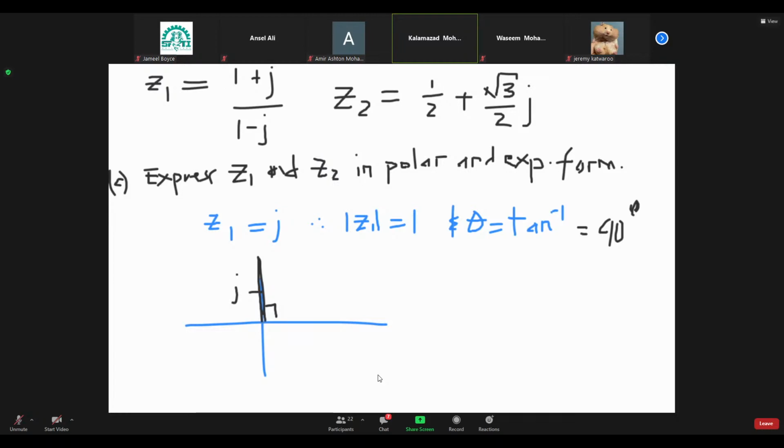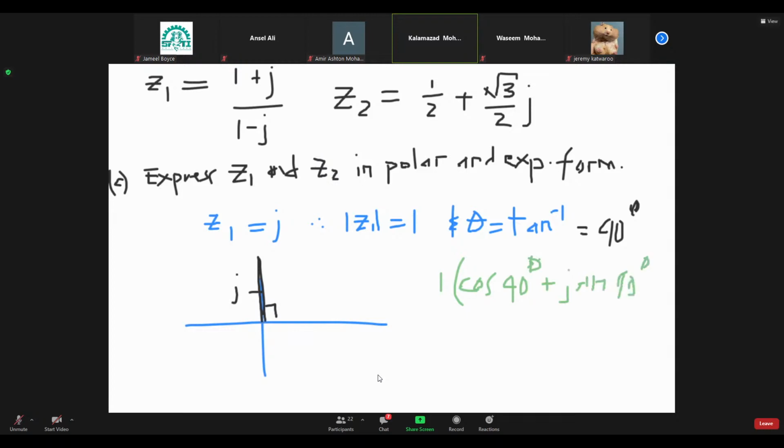So in exponent form, it's going to be 1 times cos 90 degrees plus j sine 90 degrees.